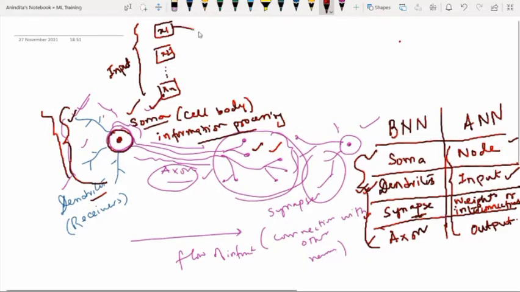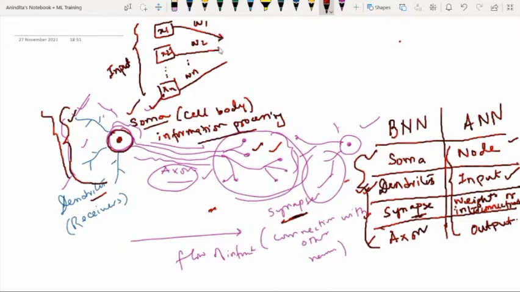So from these inputs, there will be one connection, and with each connection there will be some associated weights. And these weights are enforced in artificial neural network so that they could act as synapse. Synapse means it will control the information flow between the axon and dendrite of the other neuron. So the concept of weights is very much important.